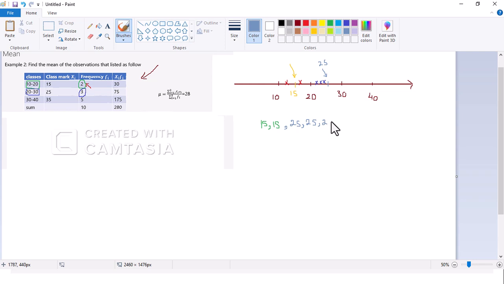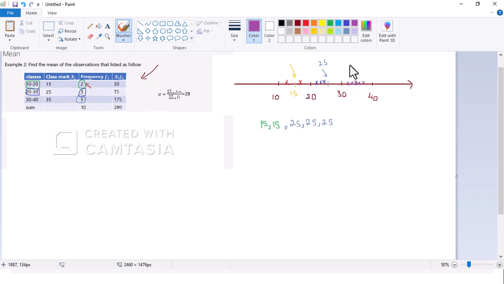For the last class we do the same. The frequency is equal to 5, which means we have 5 data between 30 and 40. Let me just mark them here, 3, 4 and 5 data. Instead of considering 5 data whose places we don't know, I use the class mark again.